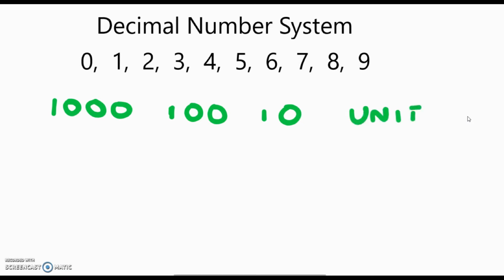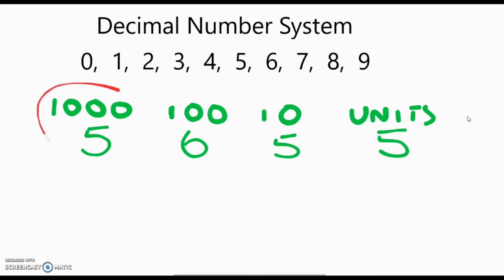So what we're actually saying is that if we had a number such as 5,655, that number would be made up of 5 of 1,000, so we can write that like that.